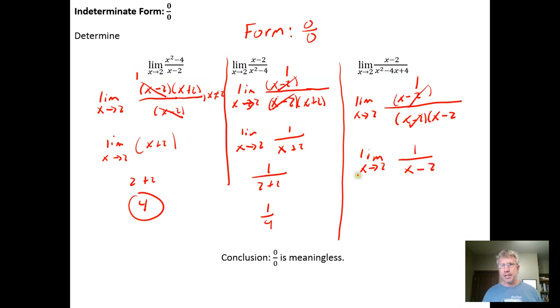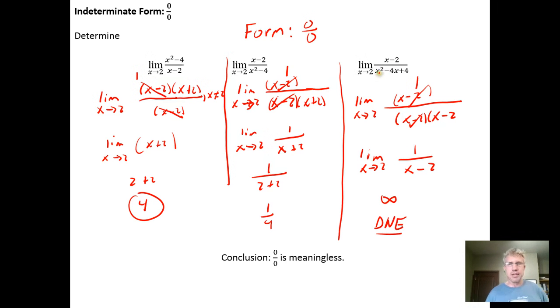And the idea here is as x goes to 2, x minus 2 goes to 0. And if the denominator goes to 0 and the numerator stays constant, then this will actually go to infinity. It becomes infinitely large. The limit is infinity, which means the limit does not exist because infinity isn't a number.